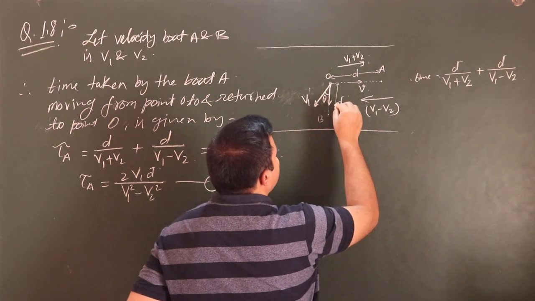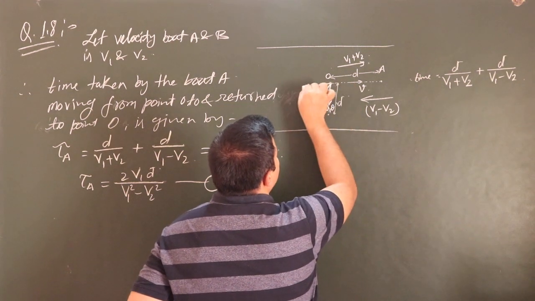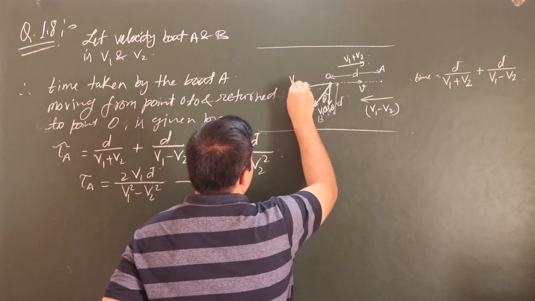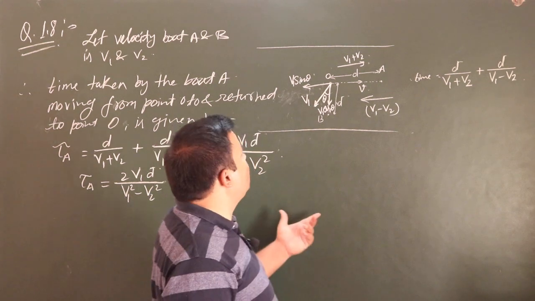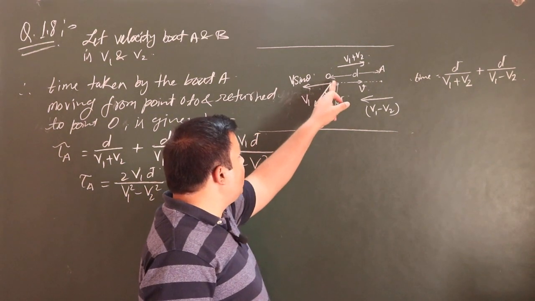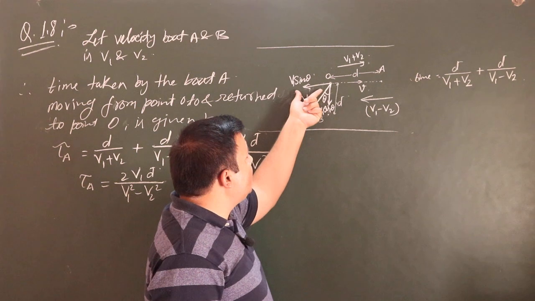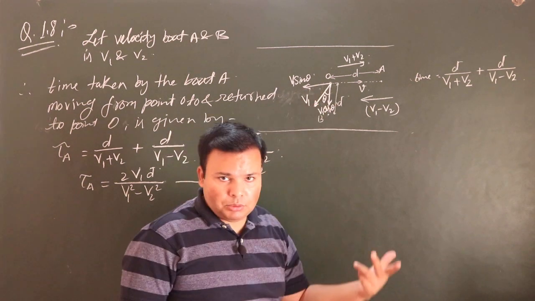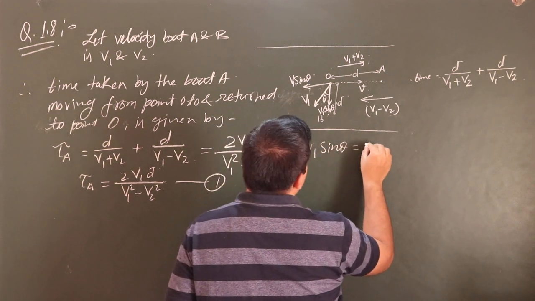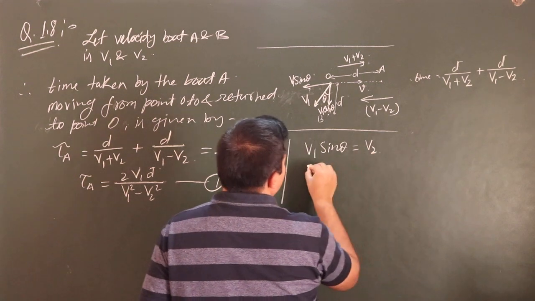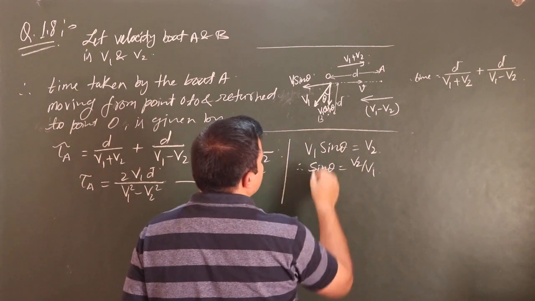Then along OB its velocity is V1 cos theta, and opposite to the stream velocity is V1 sin theta. If the boat is moving across the river from O to B, then V1 sin theta must be equal to the stream velocity. Means V1 sin theta equals V2. Therefore sin theta is equal to V2 by V1.